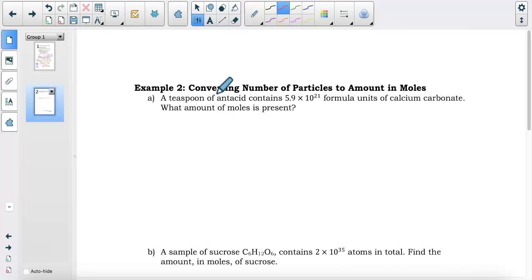Okay, so now let's take a look at converting from the number of particles to the amount in moles. A teaspoon of antacid contains 5.90 times 10 to the 21 formula units. When you see this, that is our number of particles. In this case, we're going to be using these formula units as the particle.